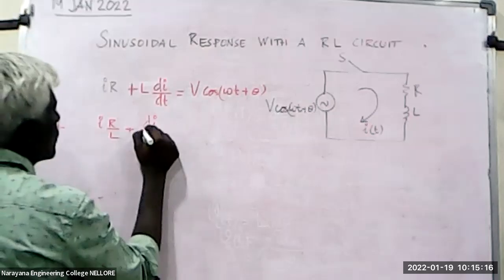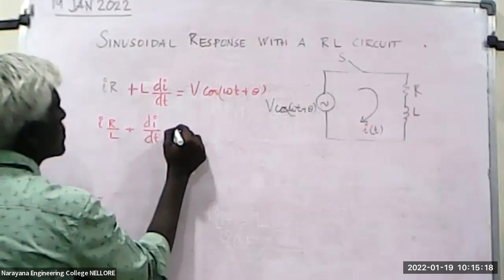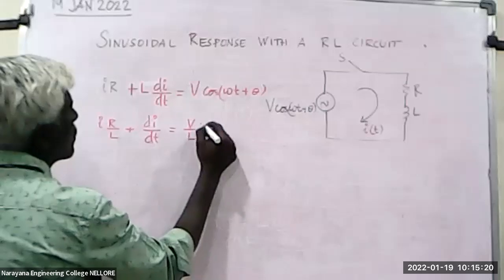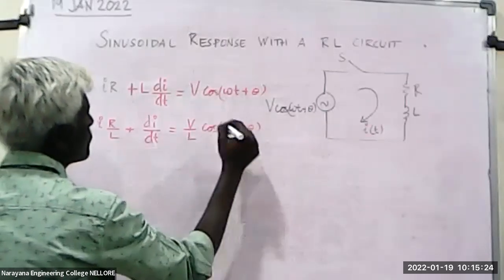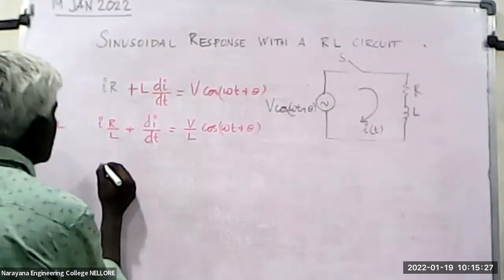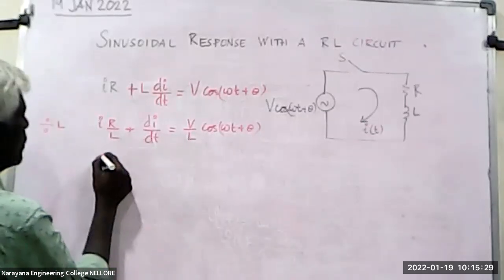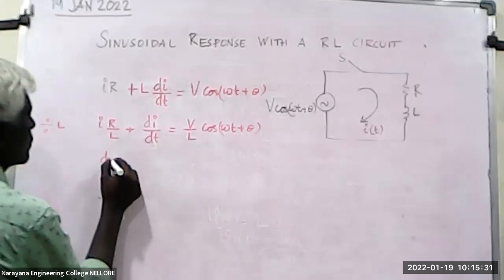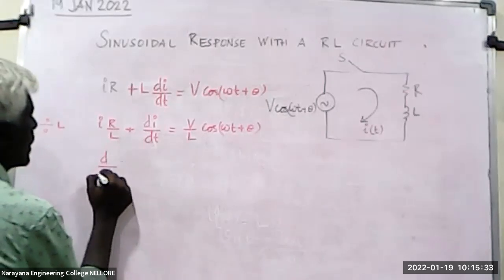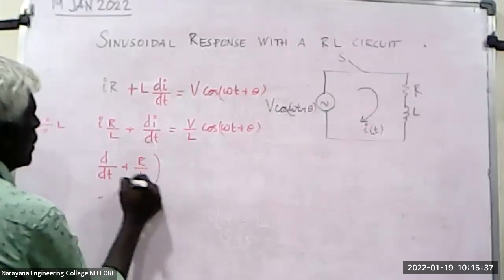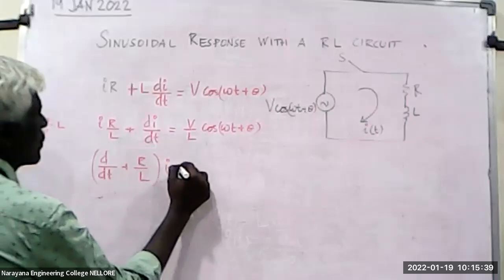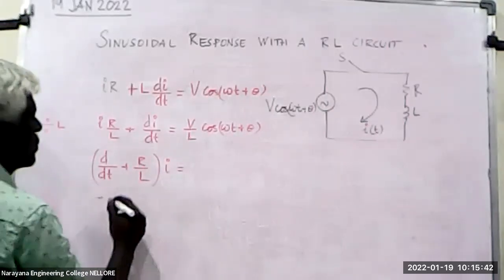So di by dt plus R by L into i is equal to V by L cos(omega t plus theta).